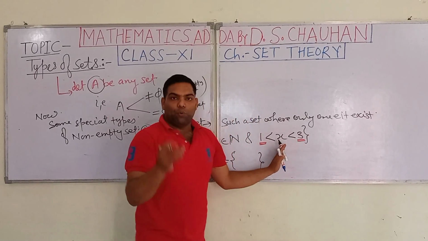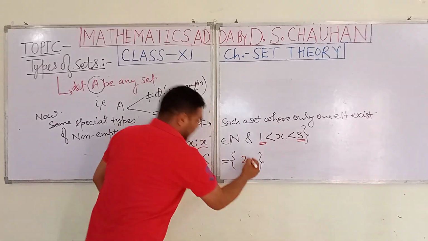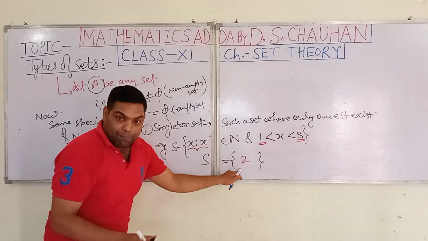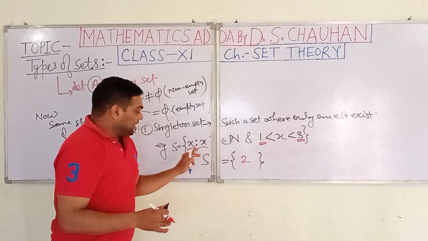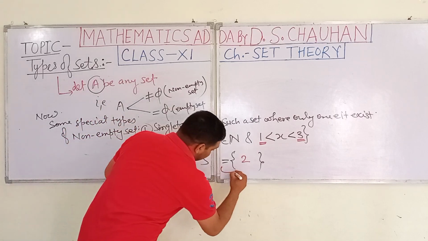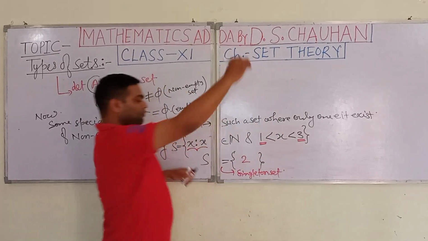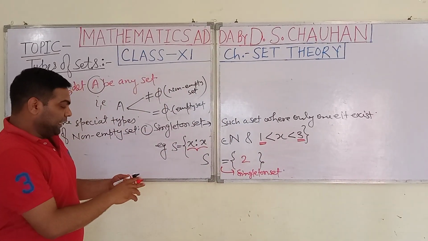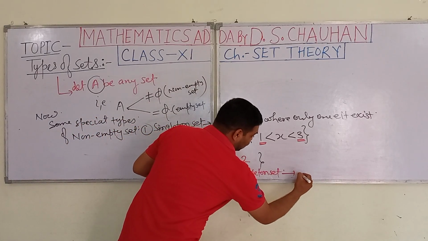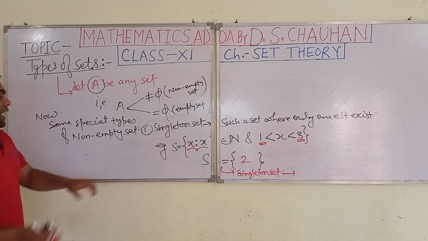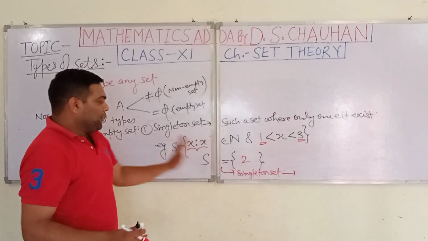See here, if you try to write X such that X is a natural number, greater than 1 but smaller than 3, what could it be? It will be only 2. So here only one element is present, and being only one element, this set is called a singleton set.